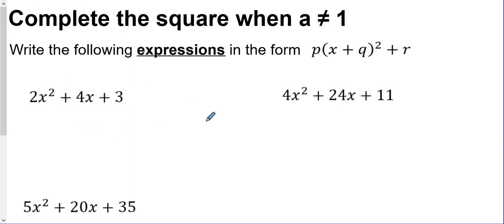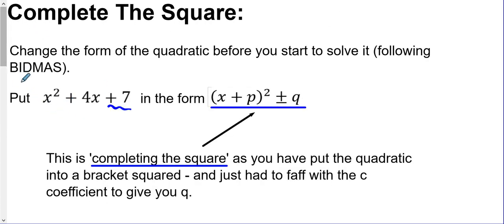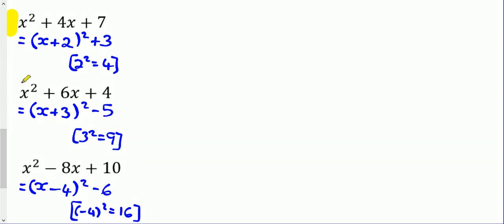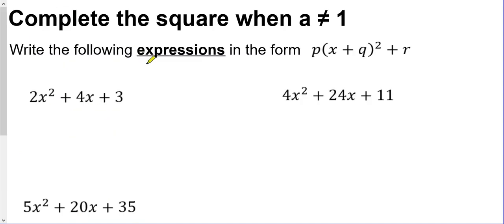Now, those were the straightforward ones. What you may have noticed there is that the x squared term had no number in front of it. That first term was 1. When the a is not 1, there's just a little bit more work to do.